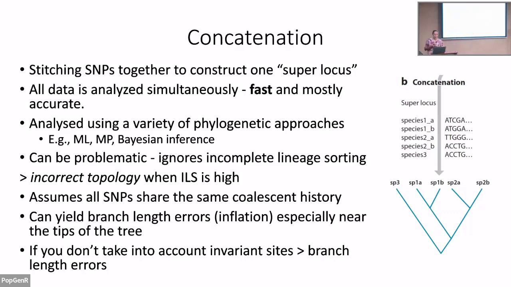It assumes the same coalescent history for all your markers, and it can produce branch length errors, especially near the tips of the tree, if you don't take into account invariant sites.